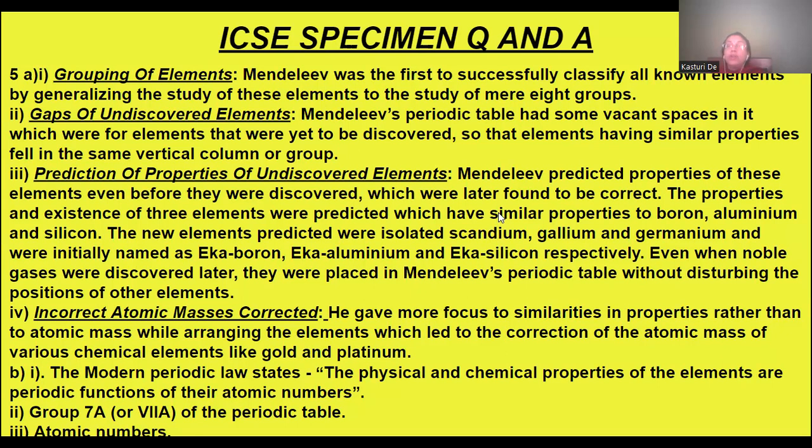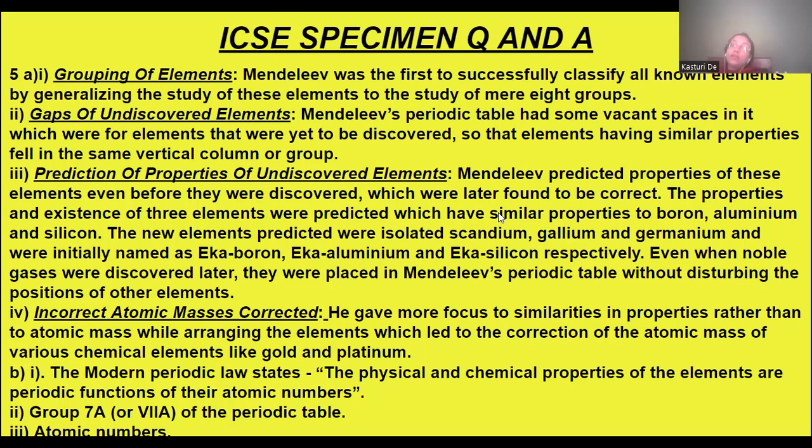Even when noble gases were discovered later, they were placed in Mendeleev's periodic table without disturbing the position of other elements. That's because he kept gaps for the elements which were to be discovered. Those three elements were later known as scandium, gallium, and germanium.